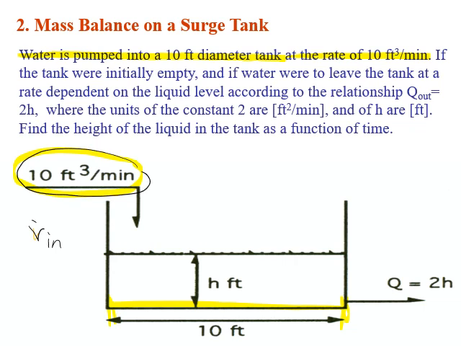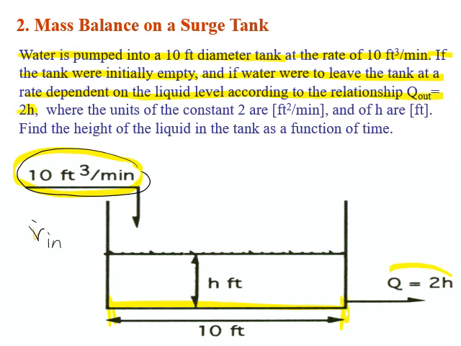Now, if the tank were initially empty, so there was no water in the tank initially, and if water were to leave the tank at a rate dependent on the liquid level according to the relationship Q out is equal to 2h.